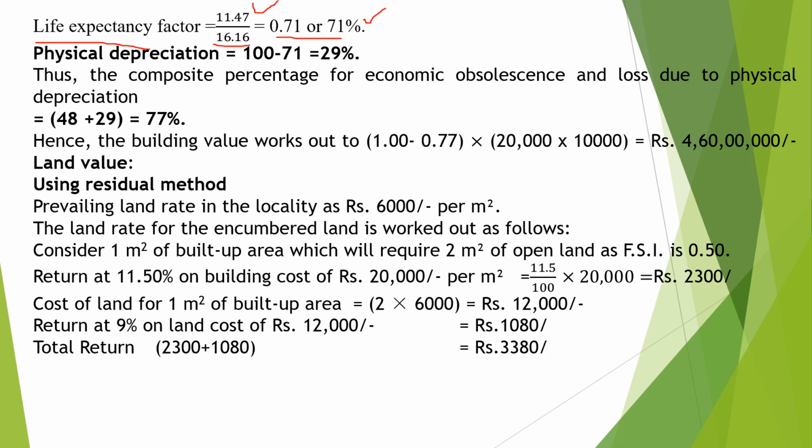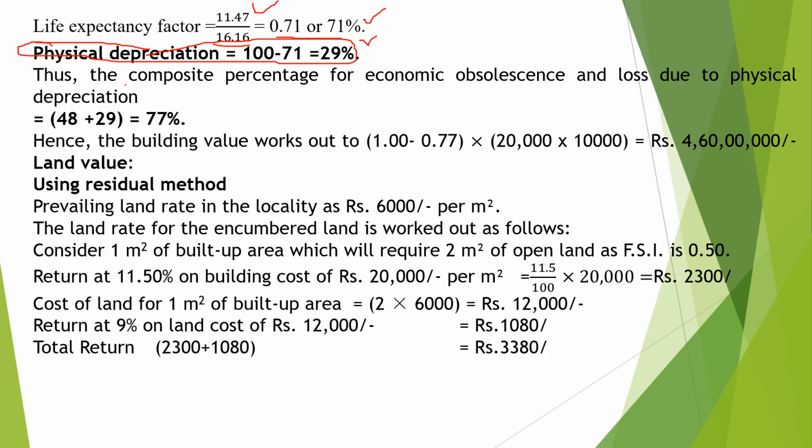So out of 100%, life expectancy is 71%, which means physical depreciation is 100 minus 71, which is 29%. In this way you calculate physical depreciation.